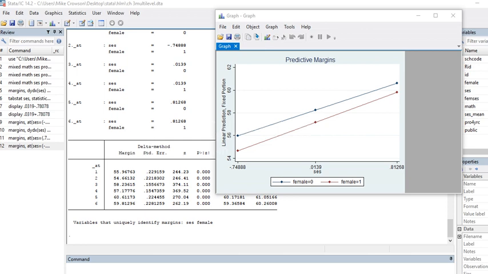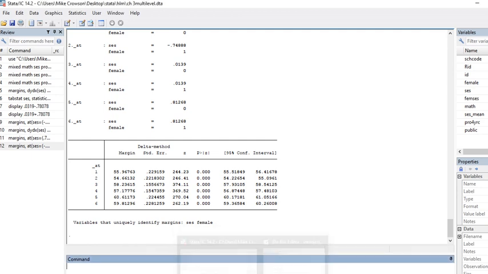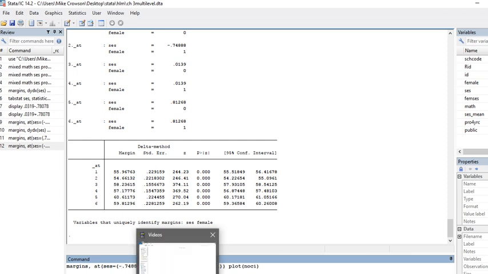So there you go. One other thing to note is that, right here, when we were plotting this out, let's say that this wasn't female, but it was some other variable that was continuous. Then what we could do is generate low, medium, and high levels for that variable, just like we did with SES.